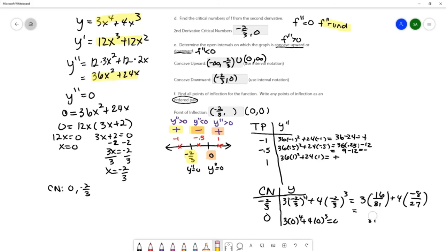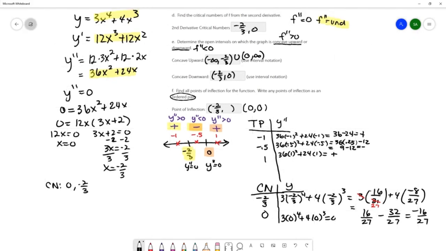Let's reduce that. 3 goes into 81 27 times, so we can write that as 16 over 27, and then 4 times 8, that will be 32 over 27, and we get negative 16 over 27. So the other point of inflection has a y-coordinate of negative 16 over 27.